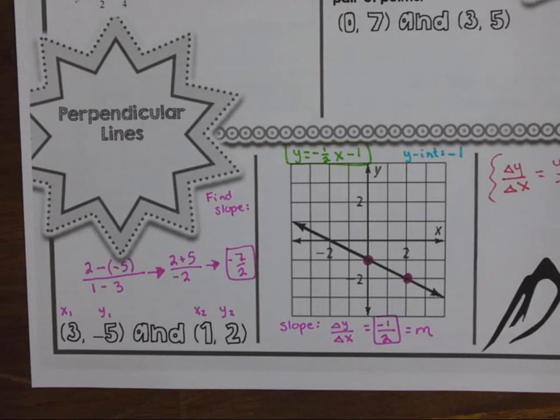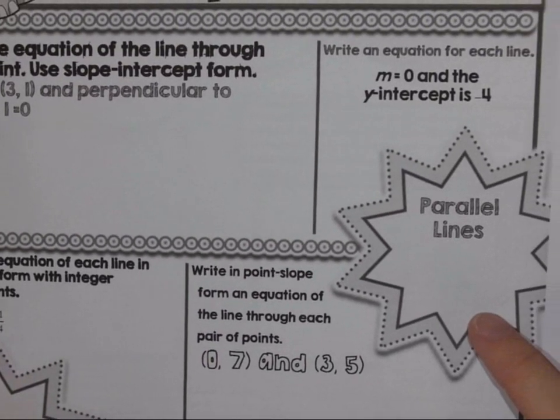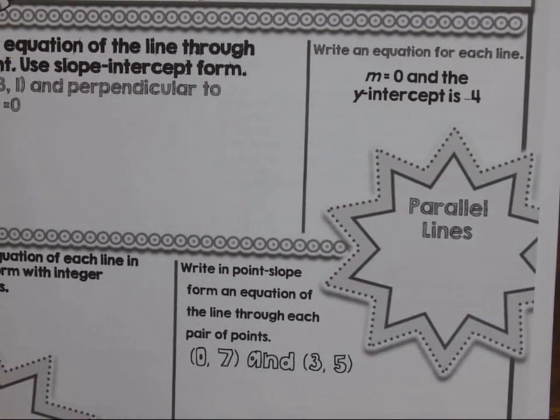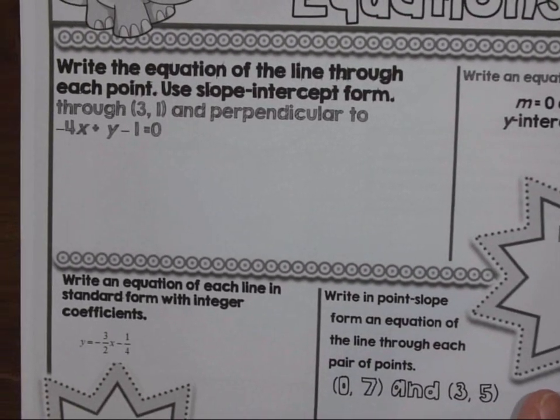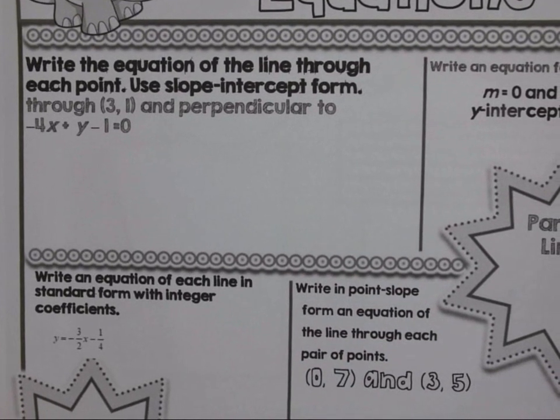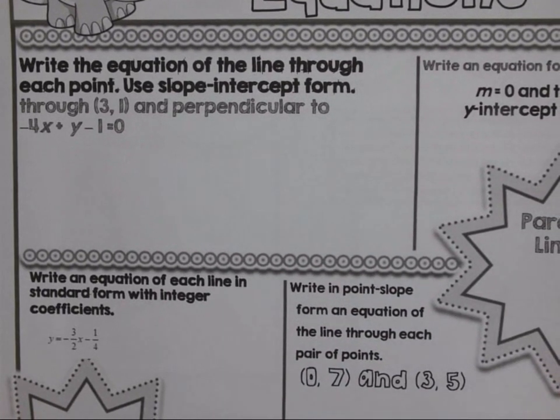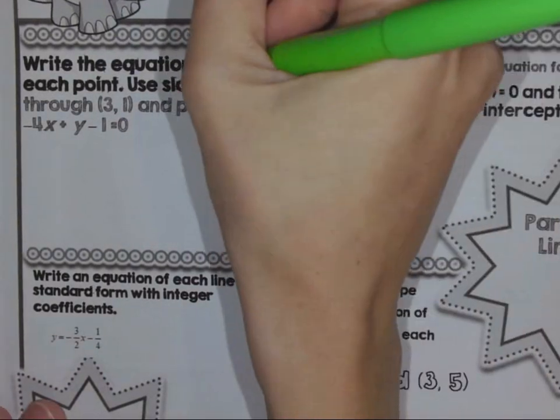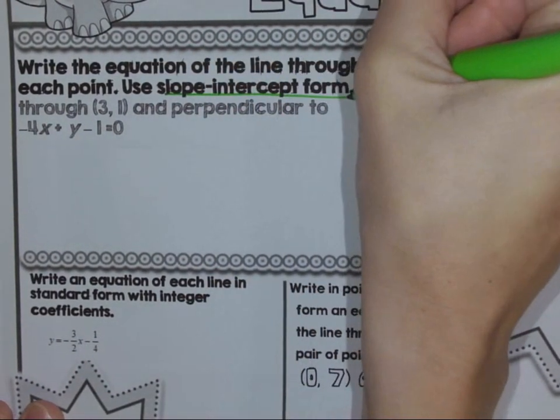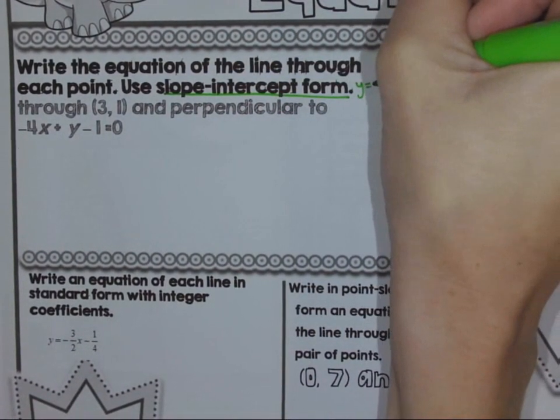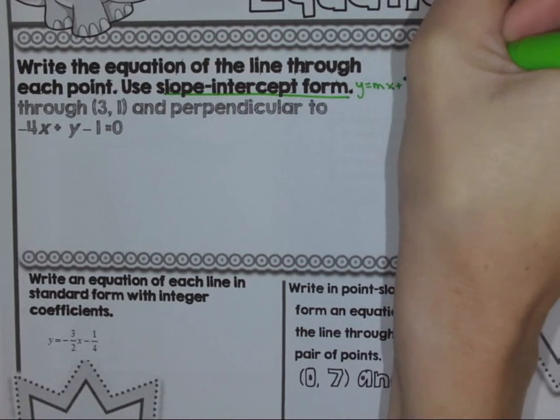So now we're going to come up to the top. I kind of like to jump around a little bit. And we're just going to write an equation for each line. So we'll start with this one. Write the equation of a line through each point. Use slope-intercept form. So my reminder, slope-intercept form is y equals mx plus b.